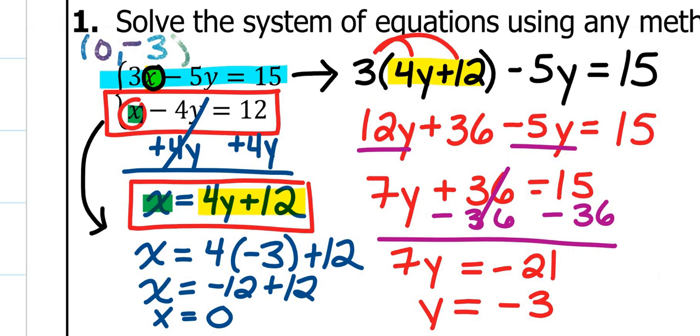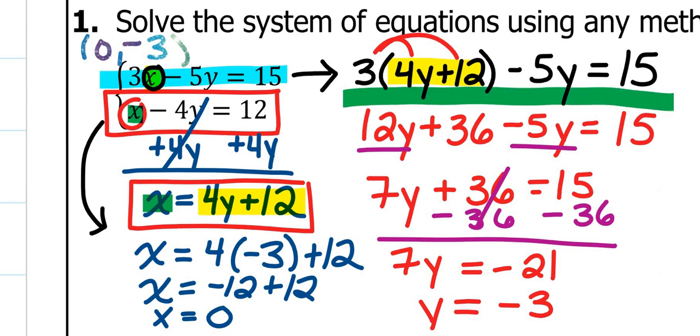So I used the other equation, the top, the one highlighted in blue, to plug in x, and then I solve this equation for the value of y. Having y, now I can plug it back in to either of the two equations that we started with, or with what we converted the bottom equation into, and solve for x.